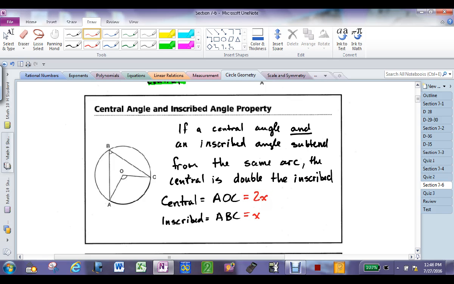What if the central angle is Y? Then what's the inscribed angle? Y divided by 2. Understand? When you're going from central to inscribed, it's divide. When you're going from inscribed to central, it's times. Got it? That's the first thing we learned from our experiments.